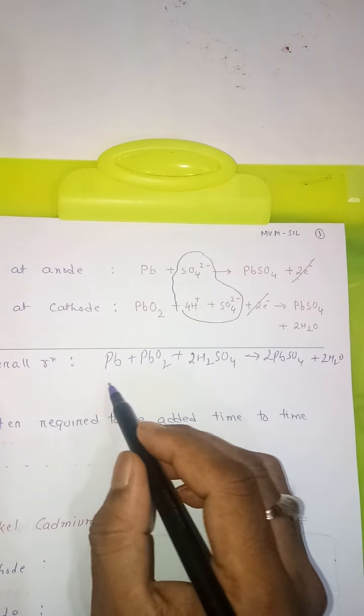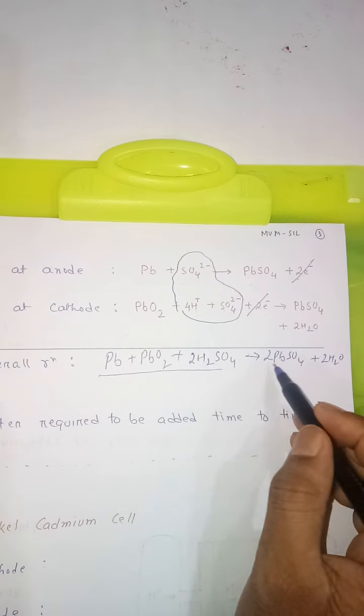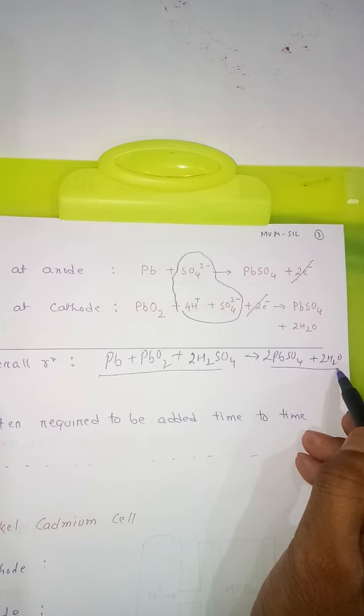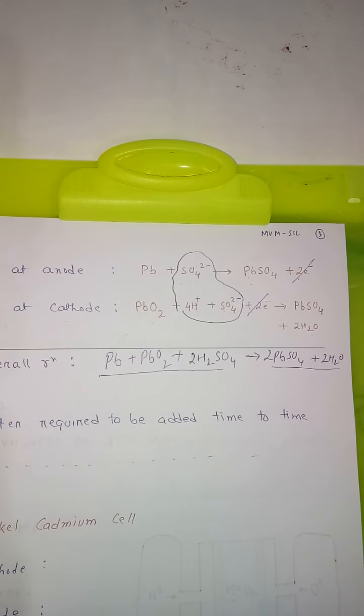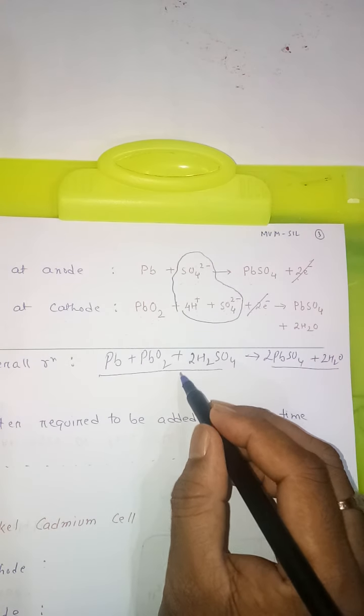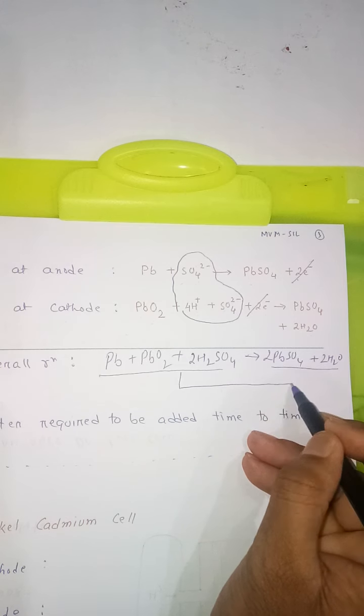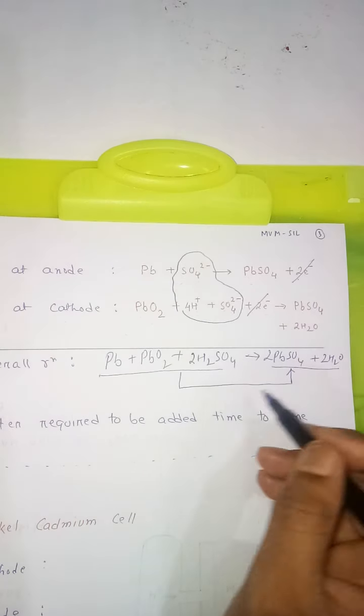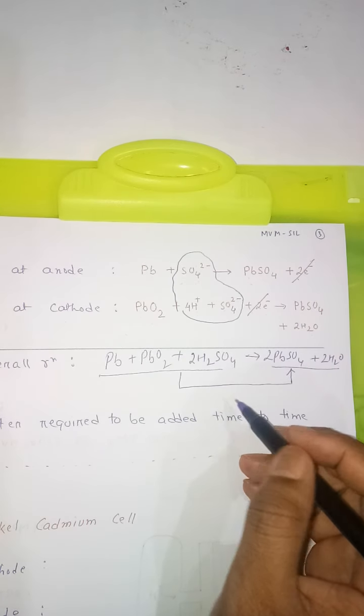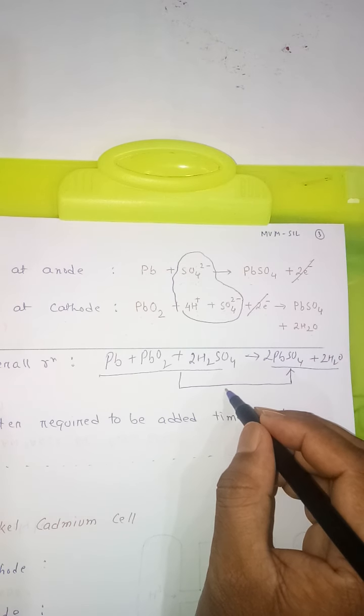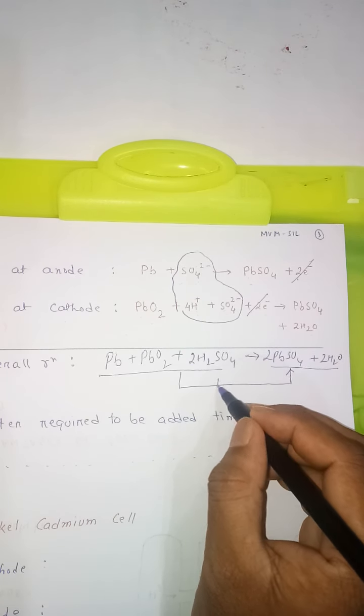Now students, this is the left hand side and these are the right side. One point we need to remember: when we have no electricity in our home, the reaction takes place from left side to right side. This is called discharging.